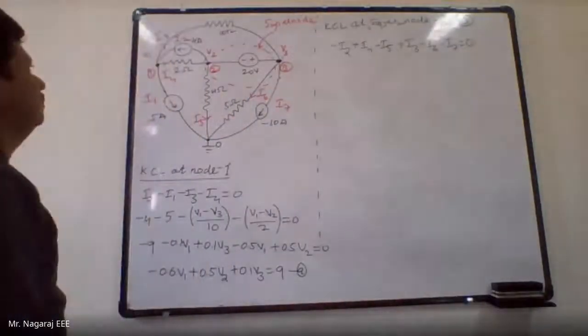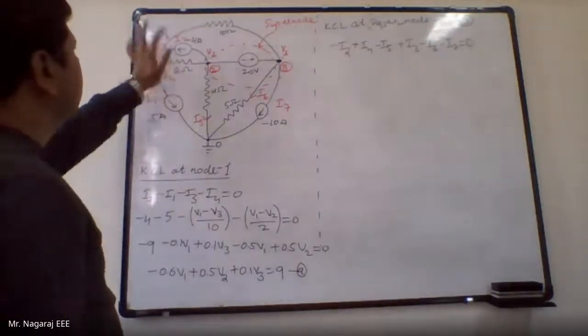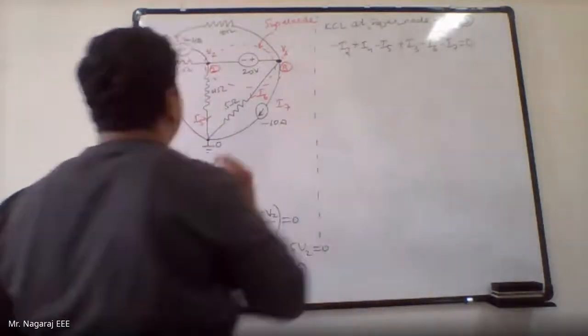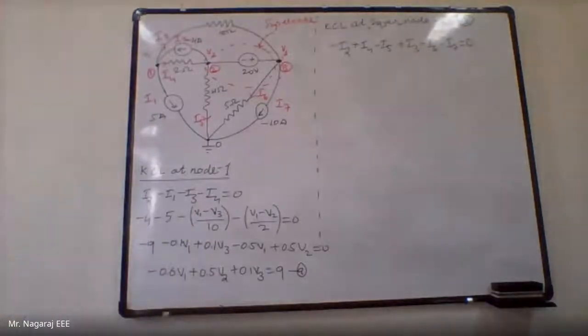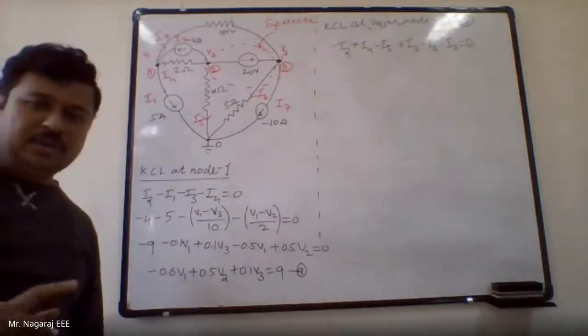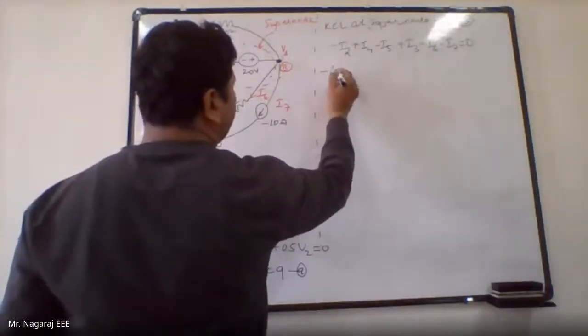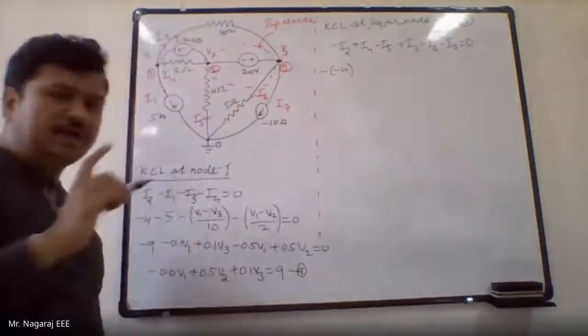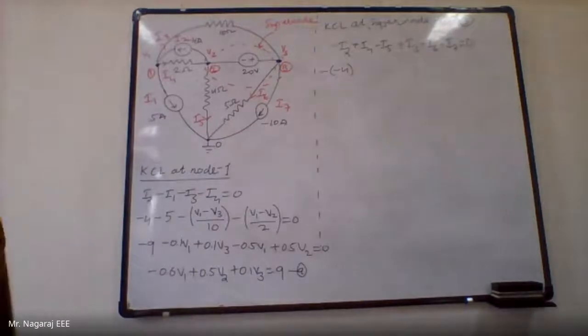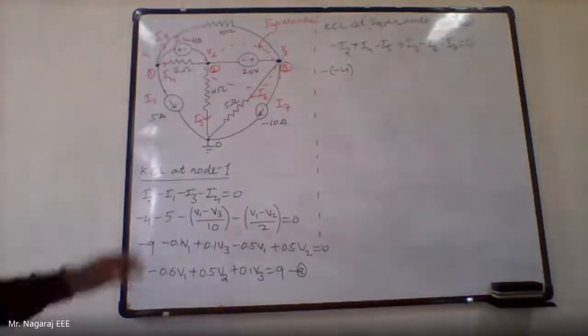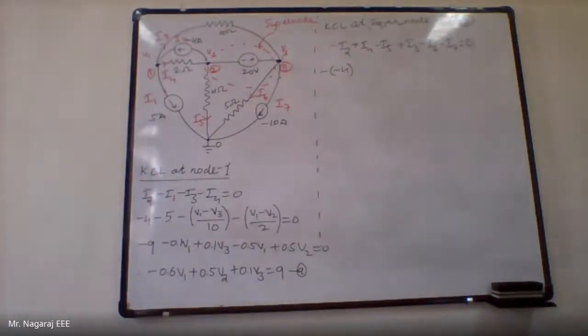Now write the current values. Now minus I2. So what is I2? It is minus 4 amperes. The value of I2 is minus 4 amperes and the term in the equation is minus I2. So this will become minus of minus 4. I have taken this type purposely, so that you will not get confused when you get this kind of values directly.